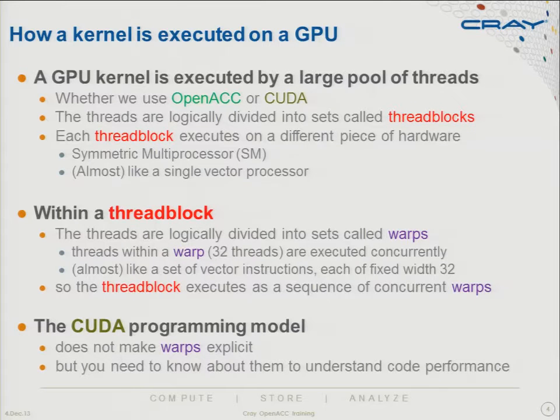Within the thread block, you've got these warps: 32 of the floating point units on the GPU share a single instruction stream. So they have to do the same thing at the same time, but each operating on its own bit of data. CUDA doesn't make the warps explicit, but you do need to know about them to understand the code performance.